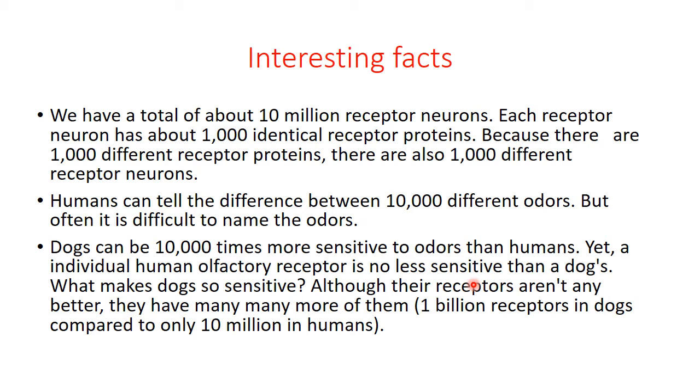So what makes dogs so much more sensitive to odors is that there are many more olfactory receptor neurons in dogs, about 1 billion, than just 10 million in humans.